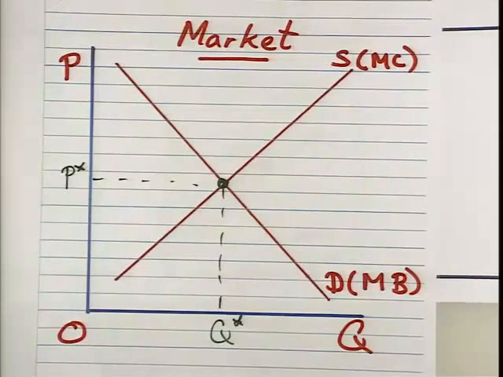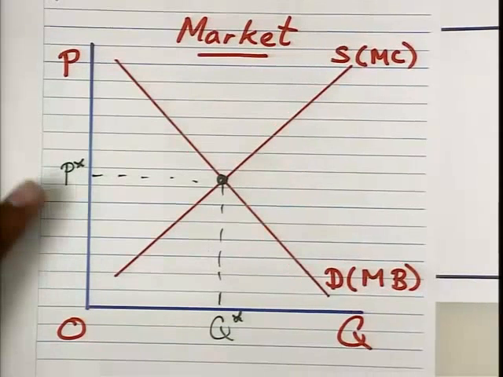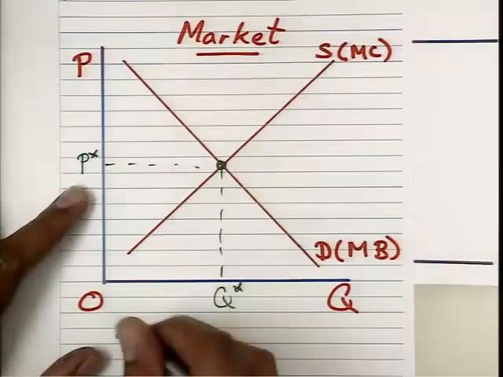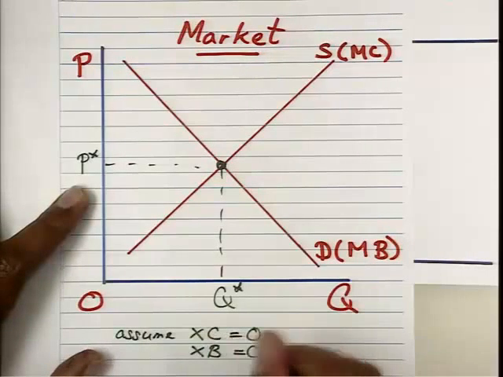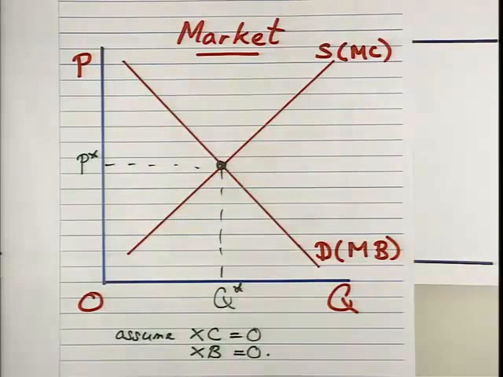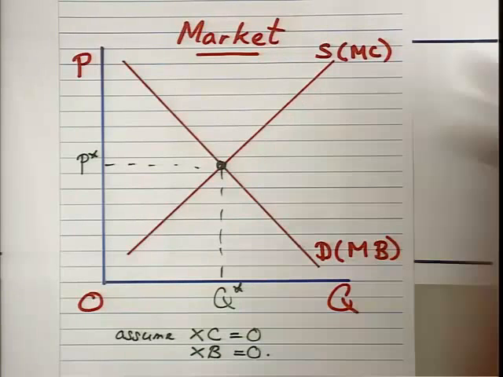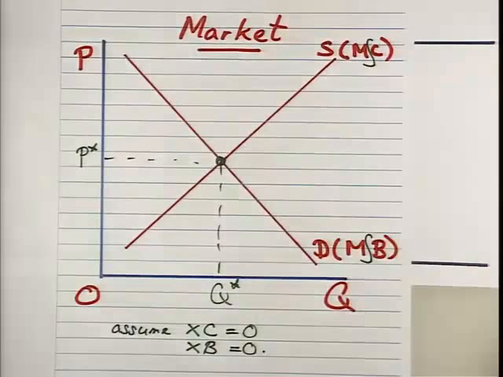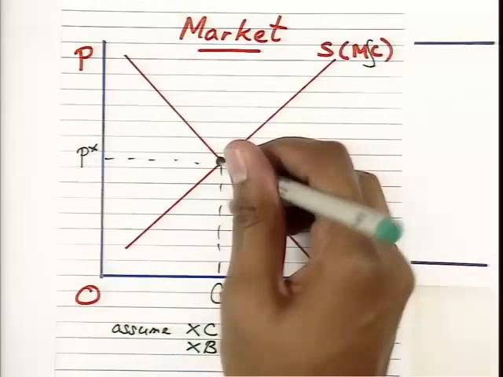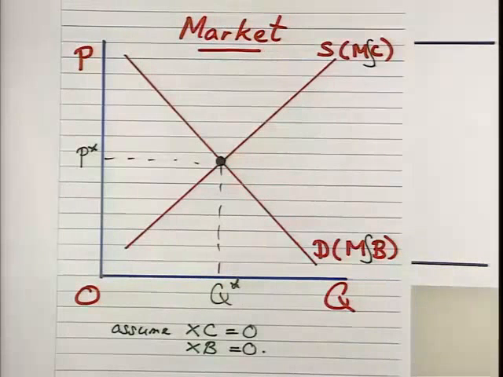With no interference in the market and assuming no external costs, no external benefits, so let's assume external costs and external benefits are zero, then that is actually the marginal social cost and that is actually the marginal social benefit. And that point is allocatively efficient. We'll see what happens when we have external costs and external benefits.